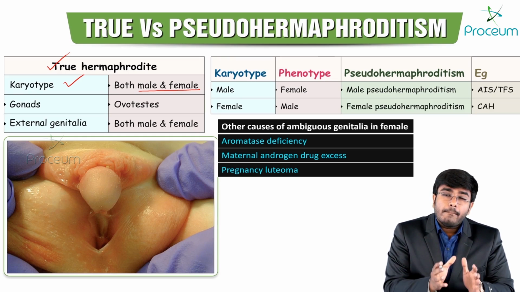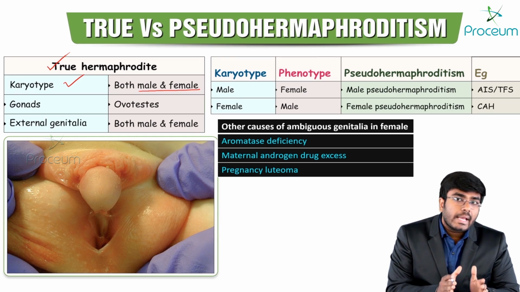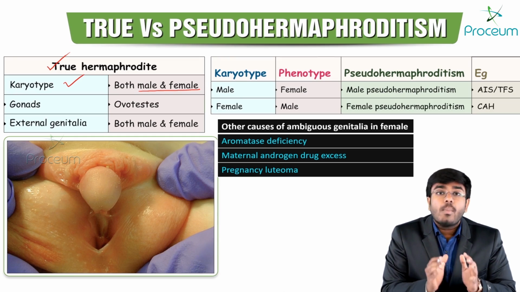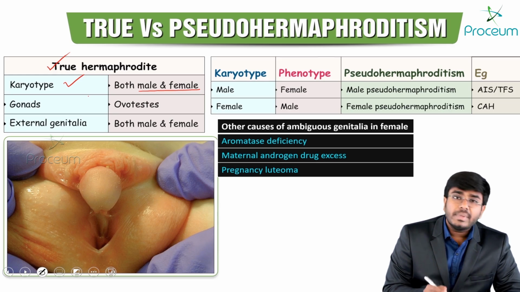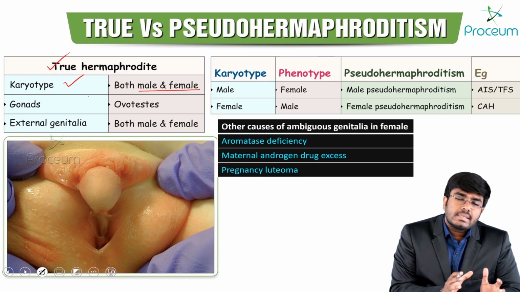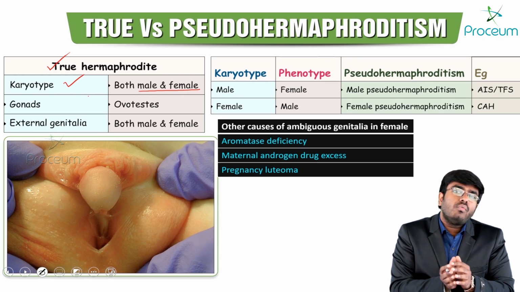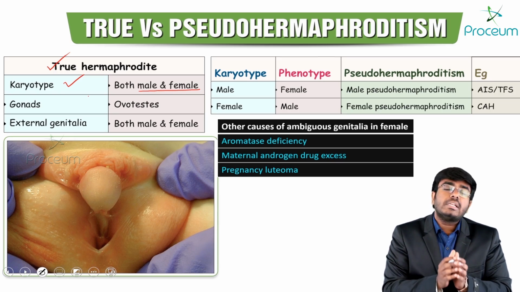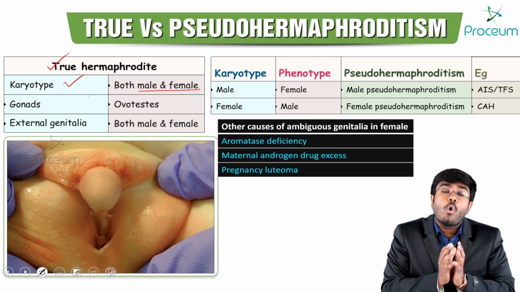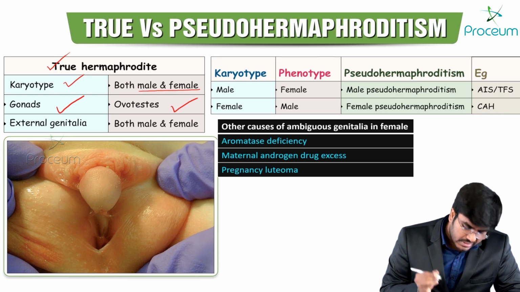Both male karyotype, that is 46XY, and female karyotype 46XX, are present. Gonads show ovotestis, which means ovaries on one side, testes on the other side. Both ovarian tissue and testicular tissue are present in a combined form, which is known as the ovotestis. So gonads are both ovotestis.